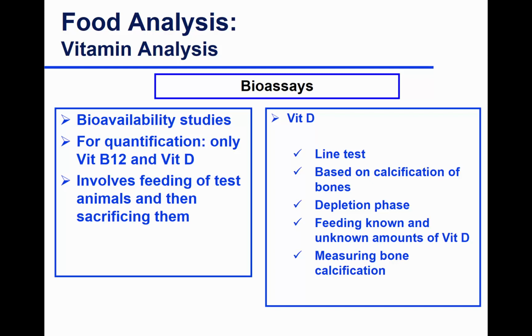And then they feed them for a certain amount of time standards, that means known amounts of vitamin D, and unknown amounts of vitamin D, that means the food product you're measuring the vitamin D in. Then they measure bone calcification, do a standard curve using the known amounts of vitamin D, and then determine the concentration of vitamin D in the unknown samples.